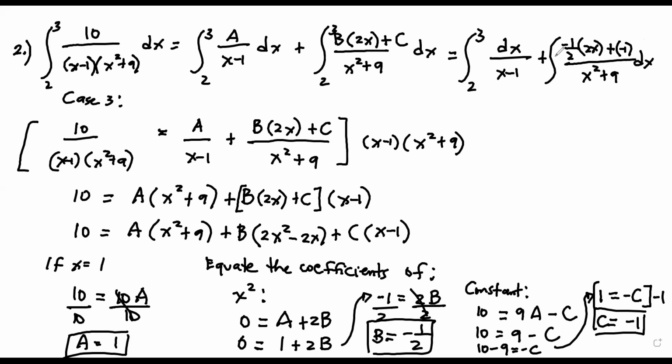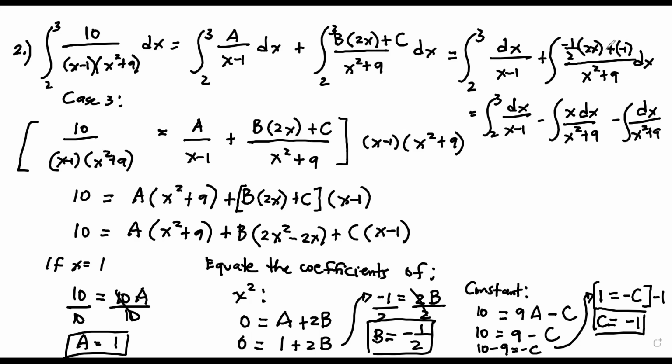So pagbubuko rin natin to, we will have dx over x minus 1 from 2 to 3. We will have negative x dx over x squared plus 9. So yung isa, negative dx over x squared plus 9. I just expand this part.